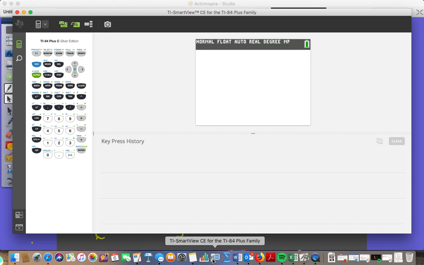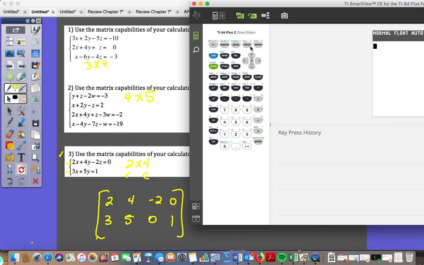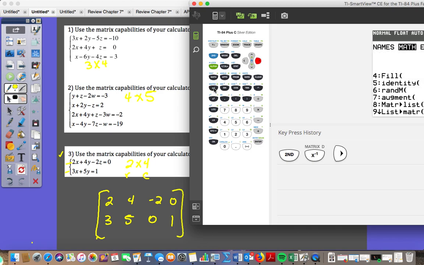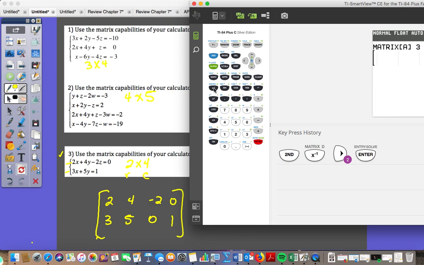Once we set up these matrices, we're going to plug them in exactly the way that we see it down below by going to second x to the negative first. I always move over to the edit button on that right side. Make sure it identifies with the row by column, so this would be a 2 by 4, and then we're just going to plug it in as we see it.